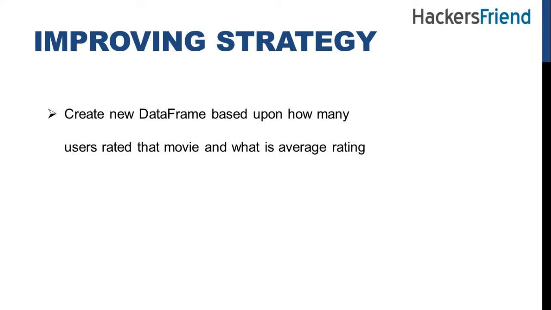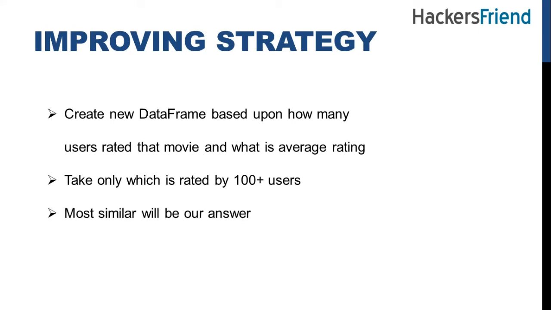So we will consider the average rating of a lot of users, and this will set a kind of threshold to consider which movie is correlated to which movie, and we will take only those movies which are rated by at least 100 plus users. Then we will sort the results, and the most correlated value to our Star Wars movie will be our answer.